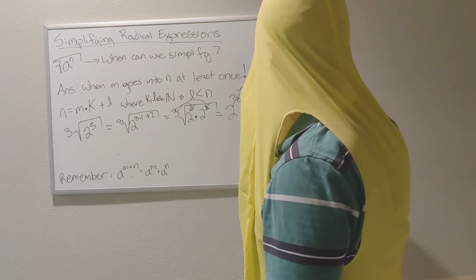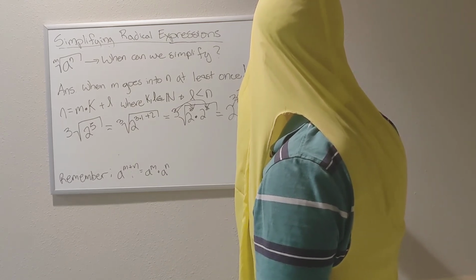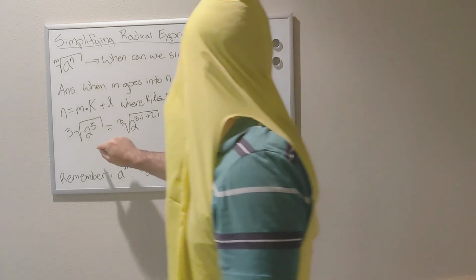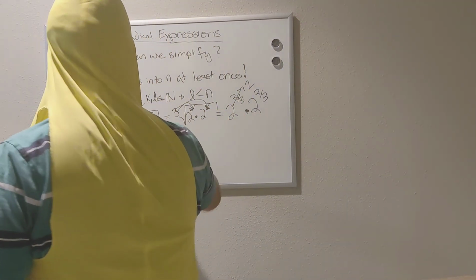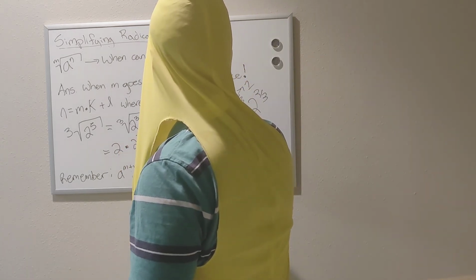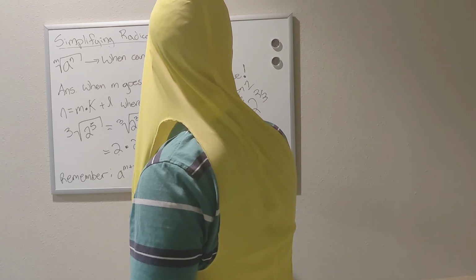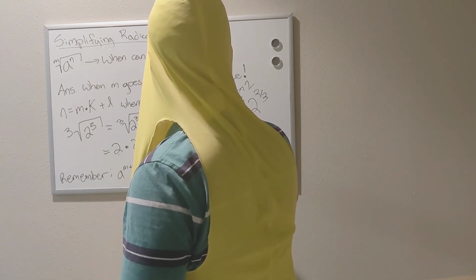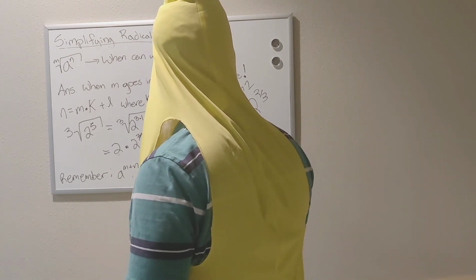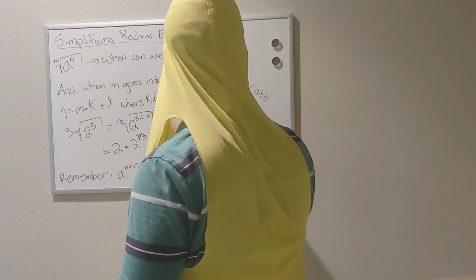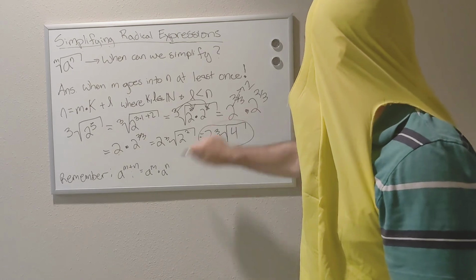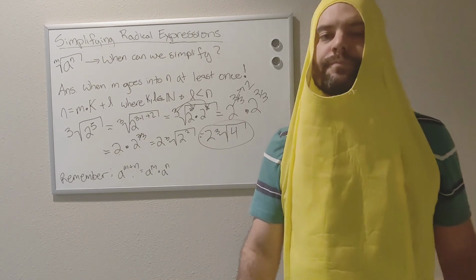And this is the other part we can't simplify. It just simplifies as 2 to the 2 thirds. But at the end of the day, we can get more simplification, and finally write this as 2 times 2 to the 2 over 3, or 2 times the cube root of 2 squared, or 2 times the cube root of 4. And that's our final answer for this particular problem.